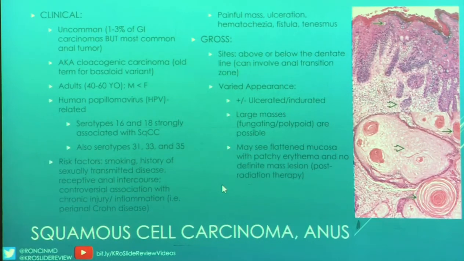So your risk factors, of course they give a whole schwack of them. Smoking's on there, not surprising. Patients who have had a sexually transmitted disease, they do point to things like anal intercourse. Then there's this controversial debate about whether chronic injury associated with inflammation and repeated injuries to the area, like perianal Crohn's disease, plays a role.